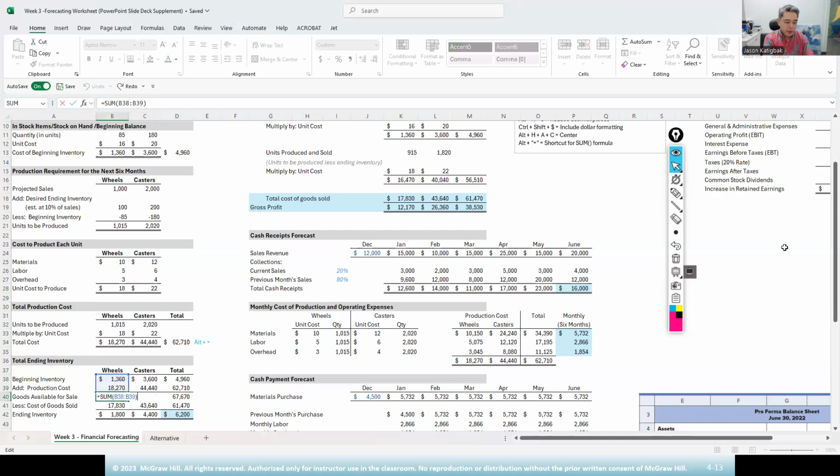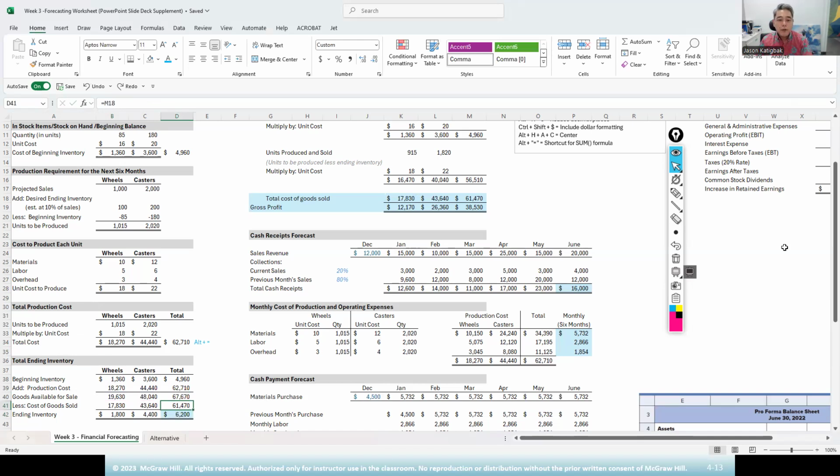If I add both beginning inventory plus production cost, it will be the cost of goods available for sale as a dollar amount. And then if I deduct how much needs to be sold, or cost of goods sold, that will be your ending inventory.